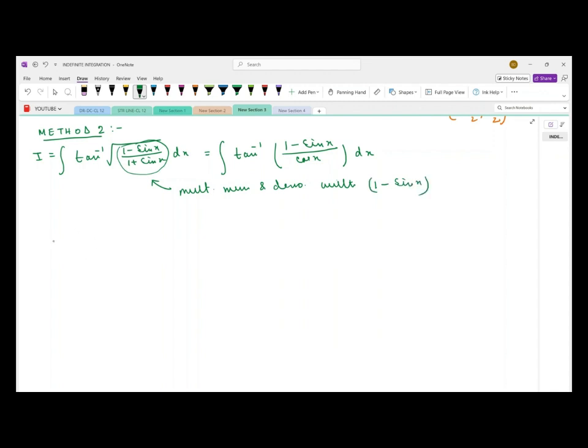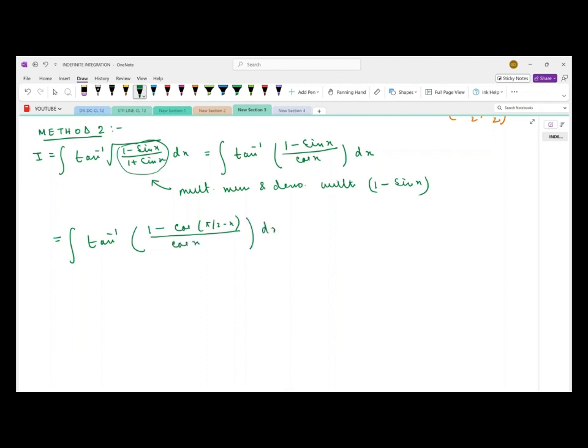Okay, so now tan inverse. So now you have 1 minus sin x. Again, we apply the old method. That is, we want to go to cos. So we write 1 minus cos of (pi by 2 minus x) by cos. Now here, first let me keep it cos x. No need to change it right now.